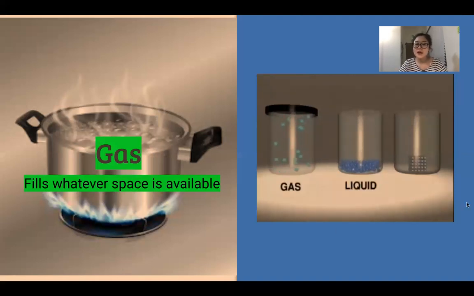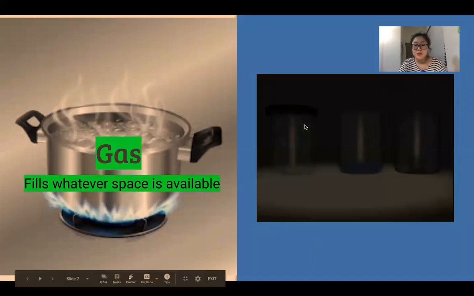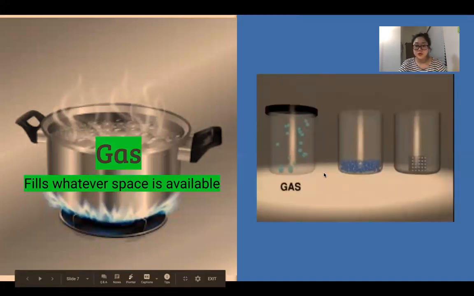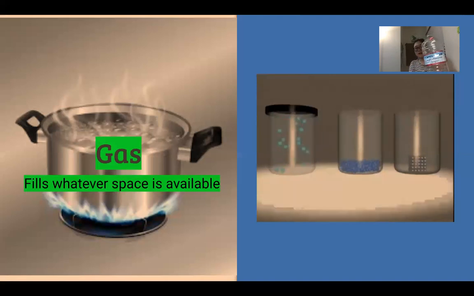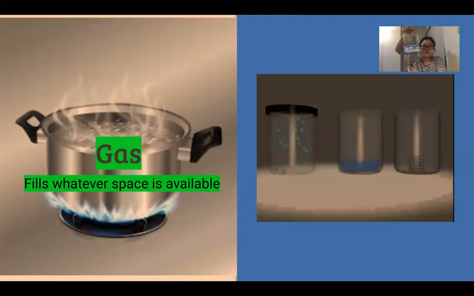And in the diagram right here on the right, we could see that the gas is being trapped inside this container, right? So I have a container right here, a 1 gallon container of water, just a water container, right? If I were to cap it off, the air would be trapped in here, the gas.